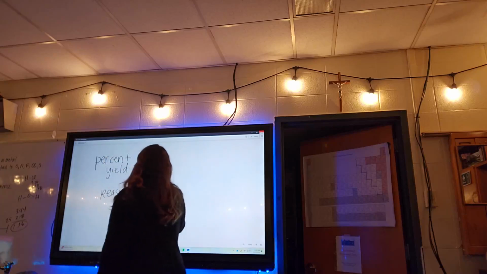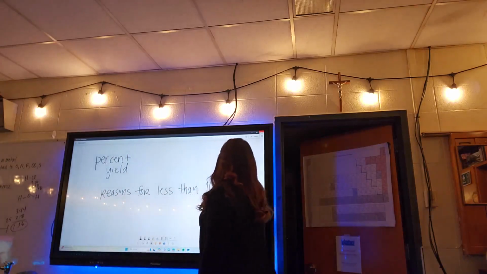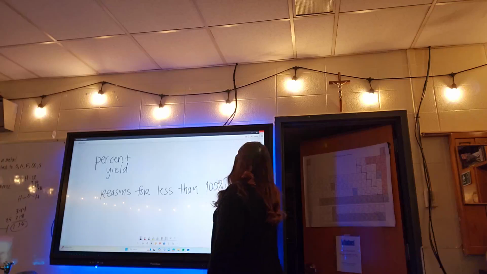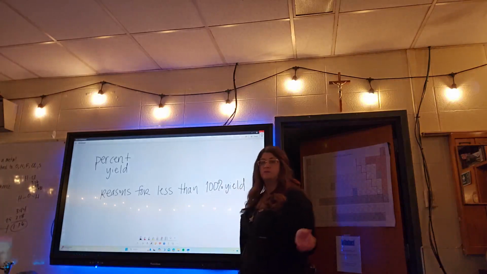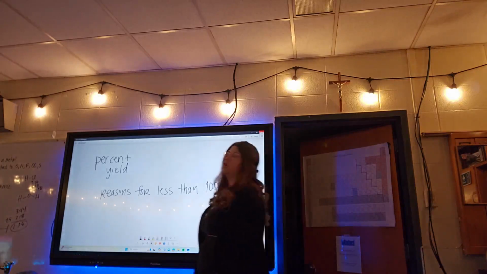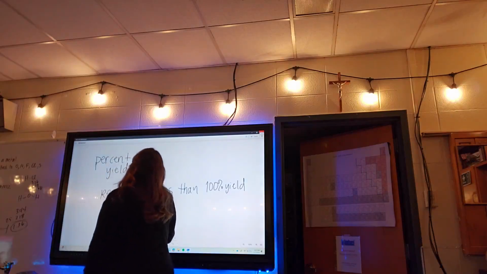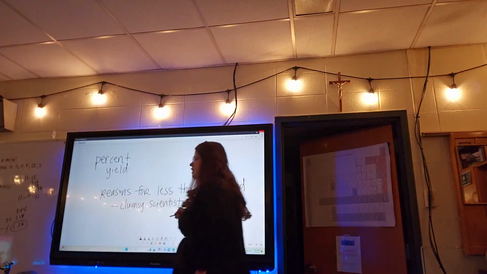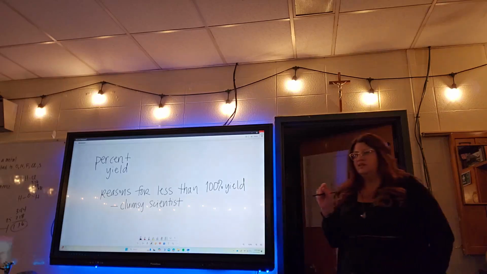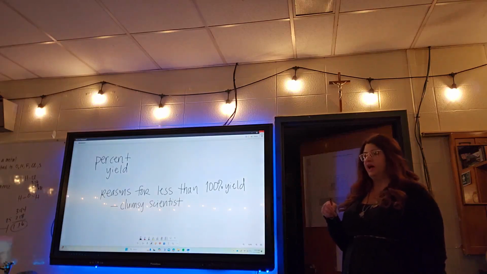So if we have less than 100% yield, what might be a factor? Well, we're high school students and sometimes we get a little bit clumsy. What if we drop some of our compound? Now, it might not seem super important to get that very one last little drop of a liquid or that one little granule of a solid in your test tube or your reaction flask.